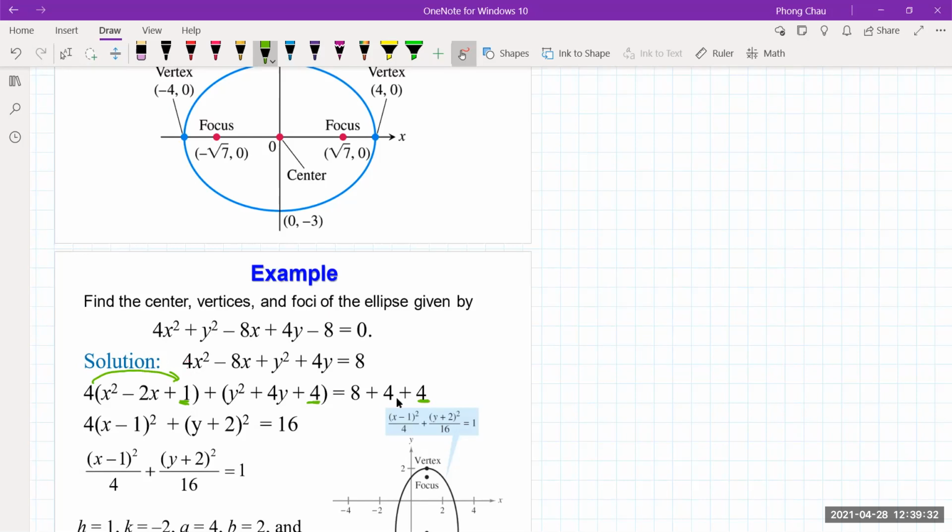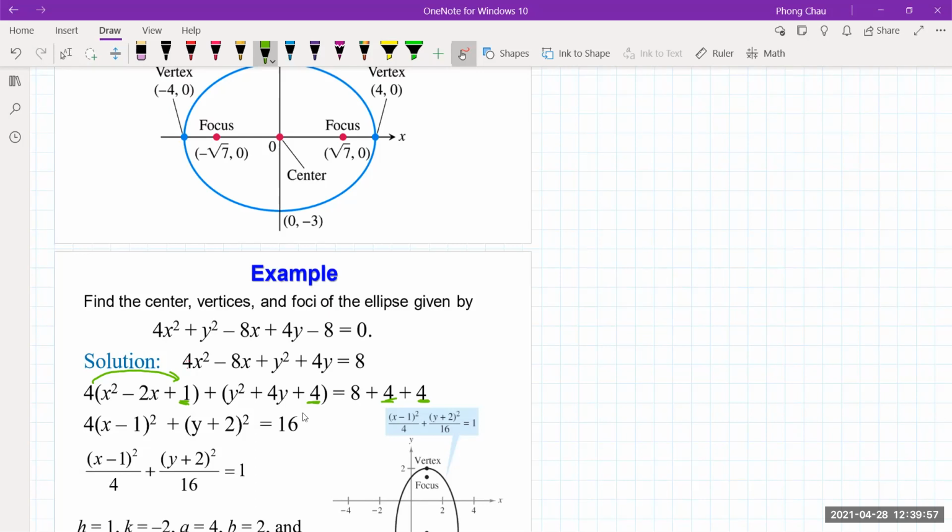We have to add 4 on the right-hand side to balance it. And after this step, it becomes x minus 1 squared, a square of the binomial x minus 1. And that becomes y plus 2 squared. By these three terms, we get 16.